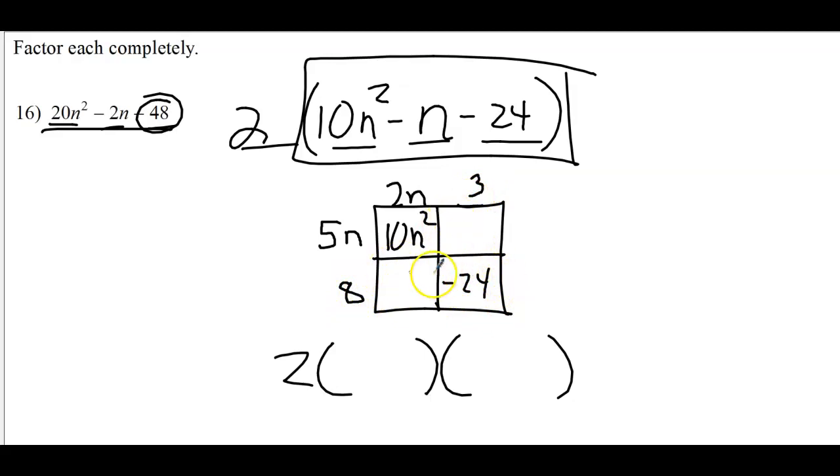I like to do the negative at the end, though, to make sure I know which one's supposed to be negative. So 5n times 3 is 15n, and 8 times 2 is 16. Now 15 and 16 can make negative 1 if we subtract the 16, which means that the 8 would be the negative one. So we have 5n minus 8, and 2n plus 3.